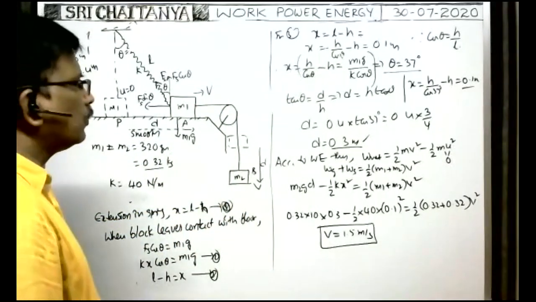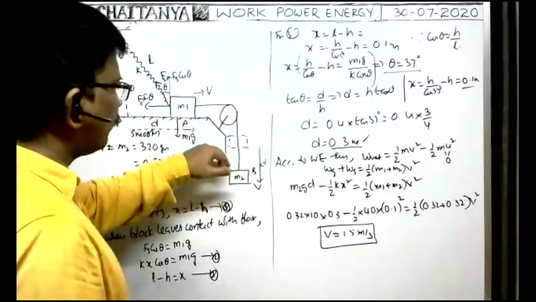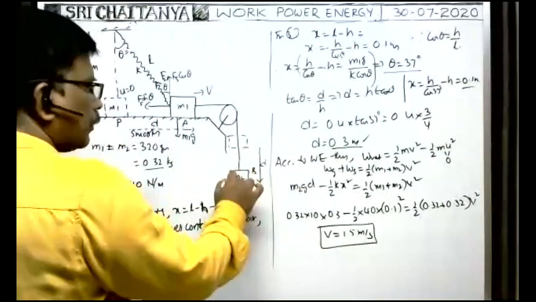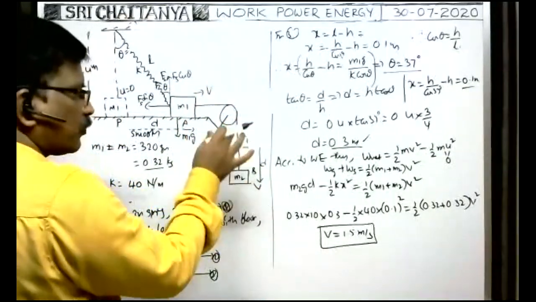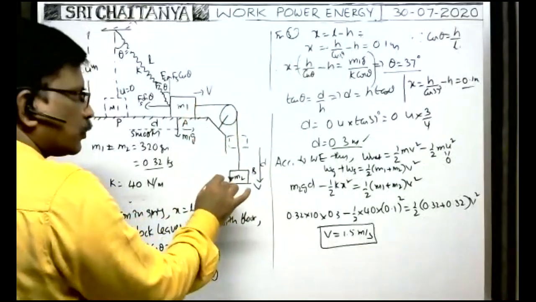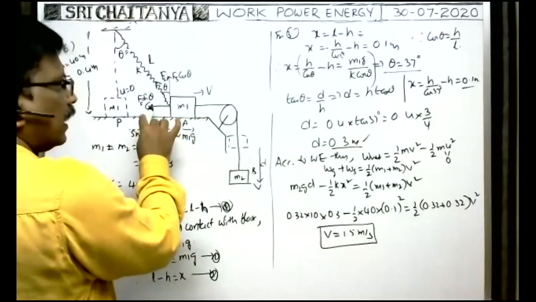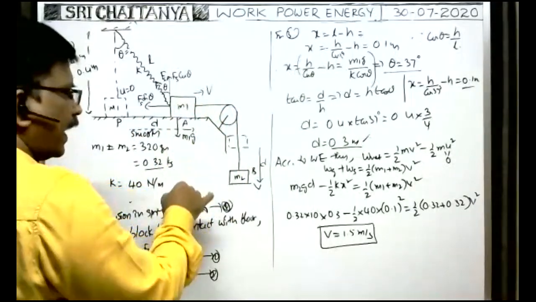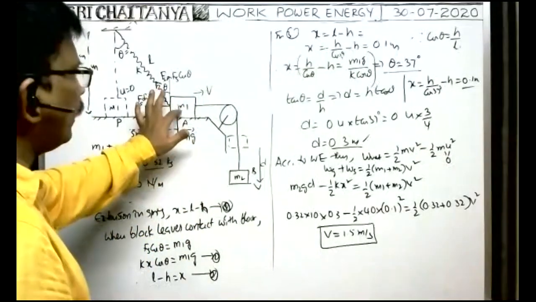Now according to the work-energy theorem, on this system, work is done by the gravity. The block comes downwards, and the gravitational force also acts on this block in downwards direction only. That's why work done by the gravity on this block is positive. Here, no work is done by the gravity because displacement is towards right along horizontal direction, whereas gravitational force acts perpendicularly downwards. That's why no work is done by the gravity on this block.